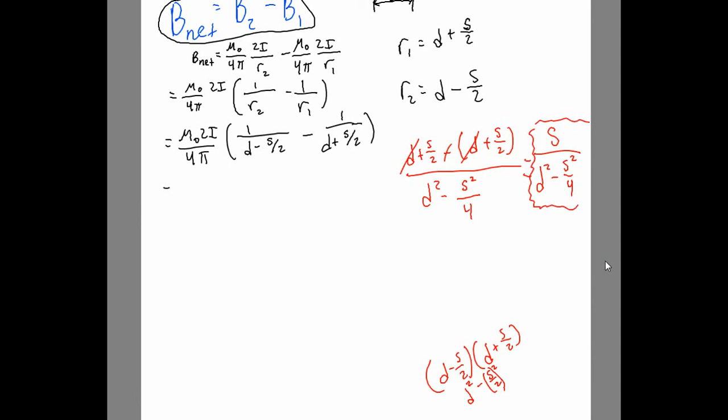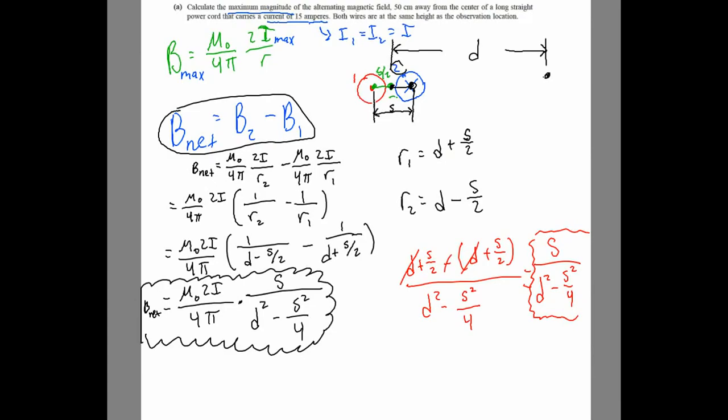So B net equals mu naught 2I divided by 4 pi times s divided by d squared minus s squared divided by 4. We know that s is equal to 3 times 10 to the negative 3 meters, and d is equal to 0.5 meters.